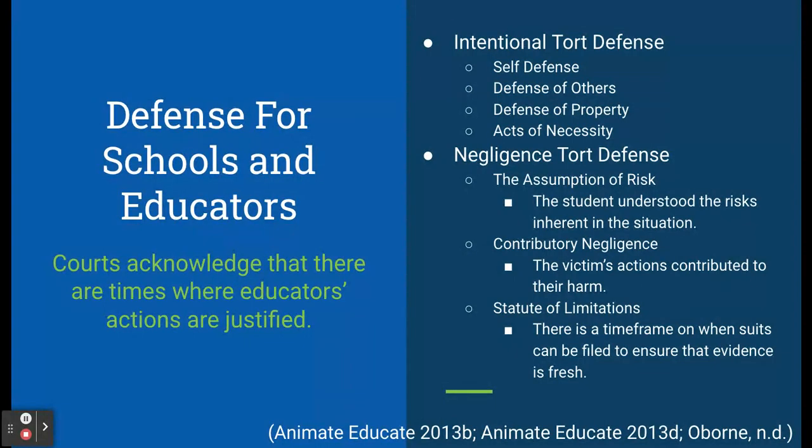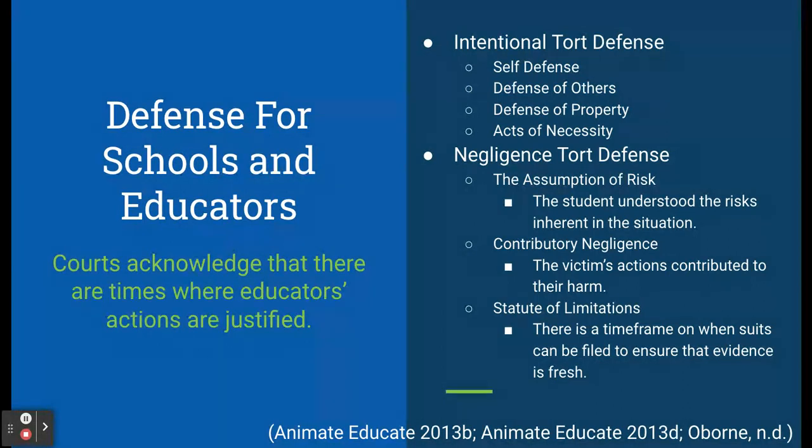In terms of negligent tort defense, there are a couple of concepts that are at play here. And the first is the assumption of risk. And that's generally that students and families understand the risks inherent in the situations they're in. That's a big part of why permission slips are signed for some activities where injuries could occur, specifically sports.